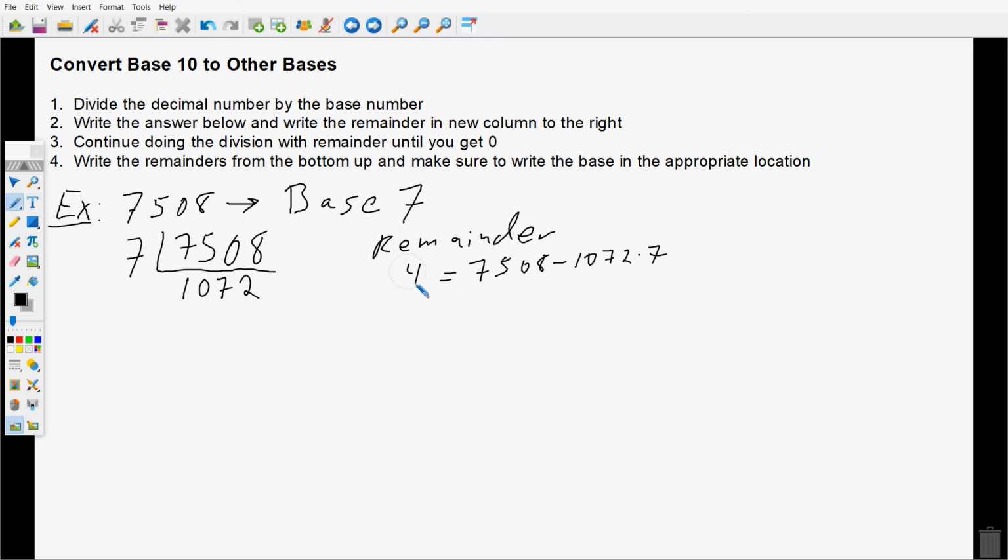And I'm going to continue doing this division until I end up with a 0, meaning I can't divide anymore. So now take 1072 divided by 7. And you should get 153.